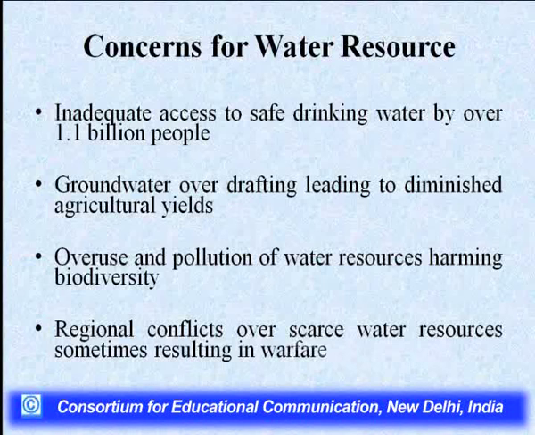So we should know what the different concerns of the water resource are. There are various concerns, which are inadequate access to safe drinking water. In fact, at present around 1.1 billion people on this planet Earth do not have safe drinking water facilities.